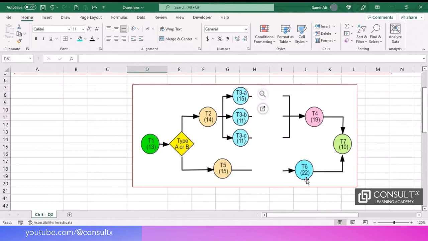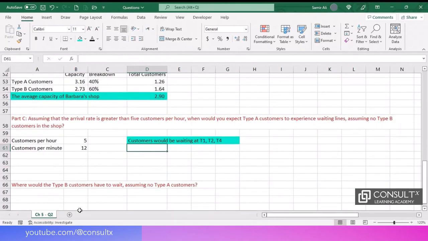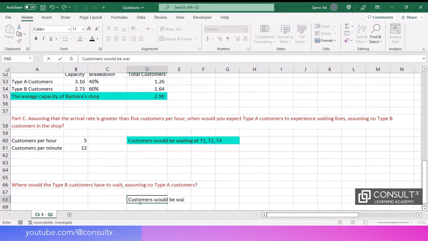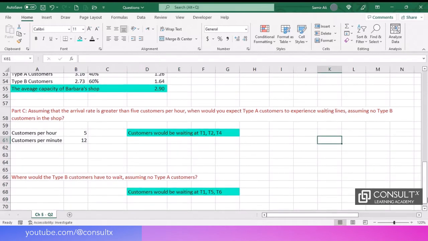So except for T7, type B customers will be waiting at all of these stations, T1, T5, and T6. So our answer would be customers would be waiting at T1, T5, and T6. So that's our answer over here. And with that, we come to the end of question 2, chapter 5.